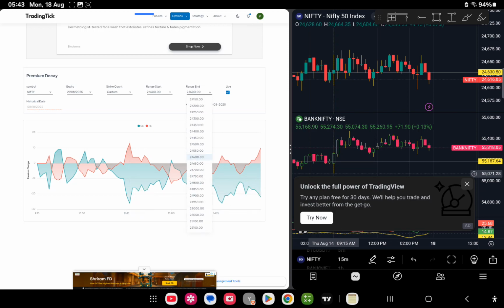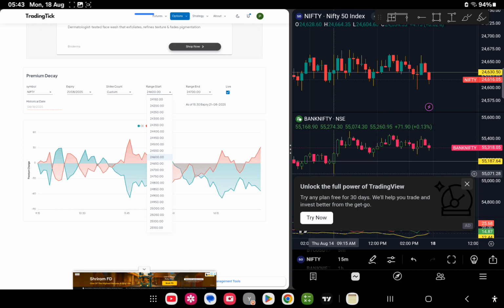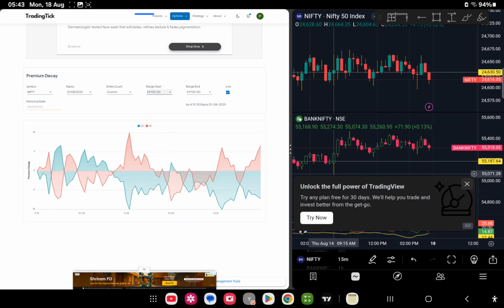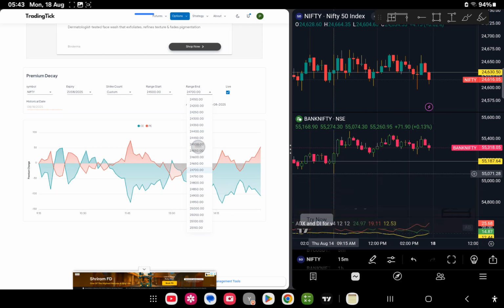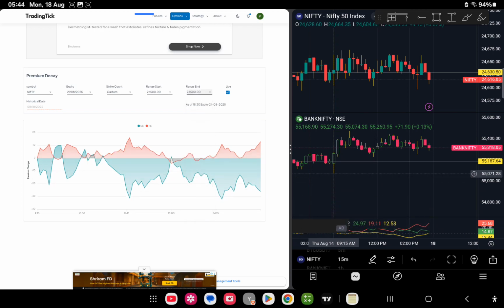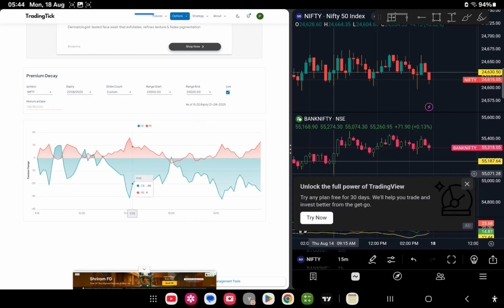Now I will increase the count to 700. So both 700, you could see here also sellers were almost winning. Yes, at the end it was a small difference. Now we would go and check for 500. So this is for 500, and since it is acting as ITM, sellers were winning.